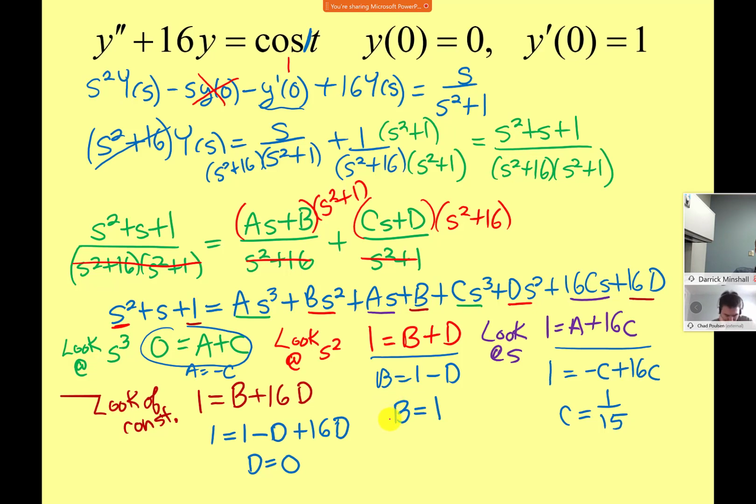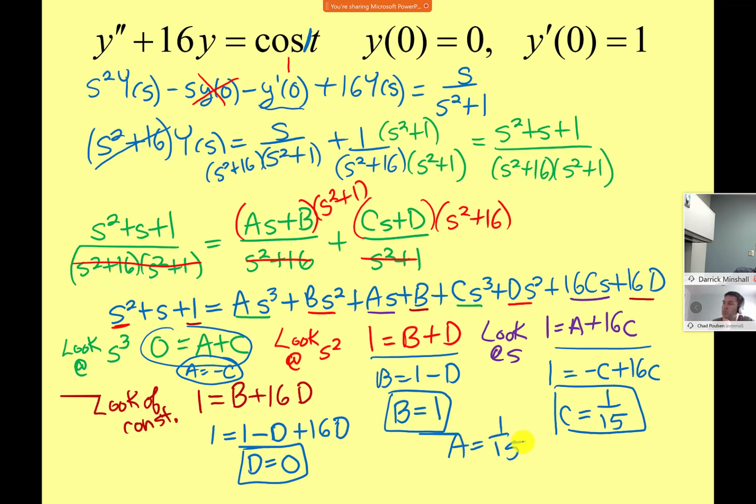Okay, so let's see what we've got here. We got b and d and c, and I didn't write down a, but the connection is a is minus c, so a equals 1/15. Okay, so it's doable. Now I need to go put those back up in the pieces at the top, and I think I had them in the other order.